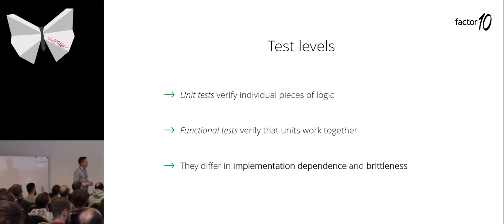Now they differ in implementation dependence and they differ in brittleness. What do I mean by that? Well, if you refactor something, if you change code, chances are that the unit tests will not apply anymore, because perhaps you changed the units. You no longer have the same units, you have new units, and some old units are gone.